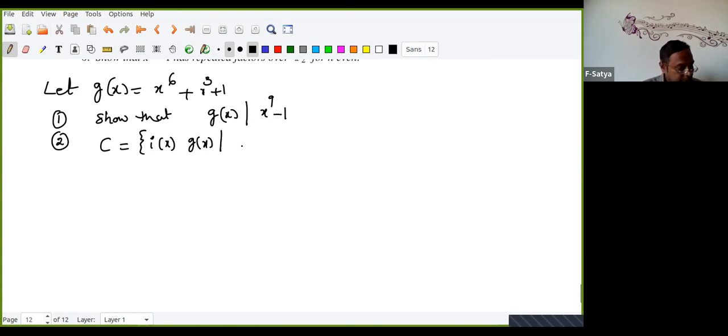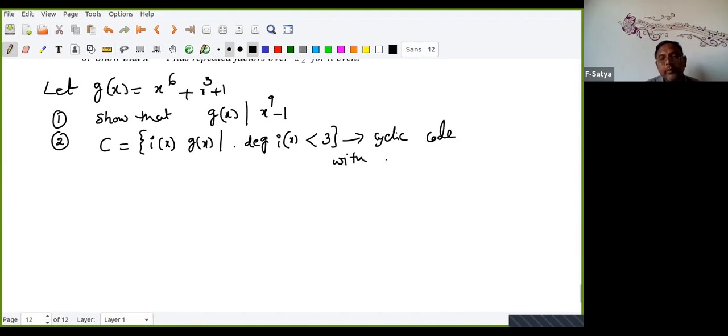where degree of I(x) is less than 3. So this is the cyclic code with generator polynomial g(x), right?